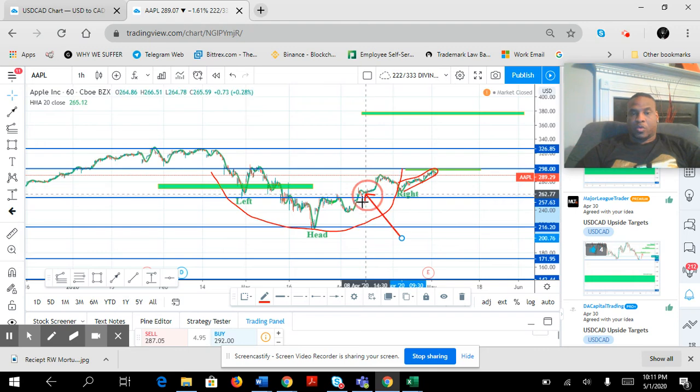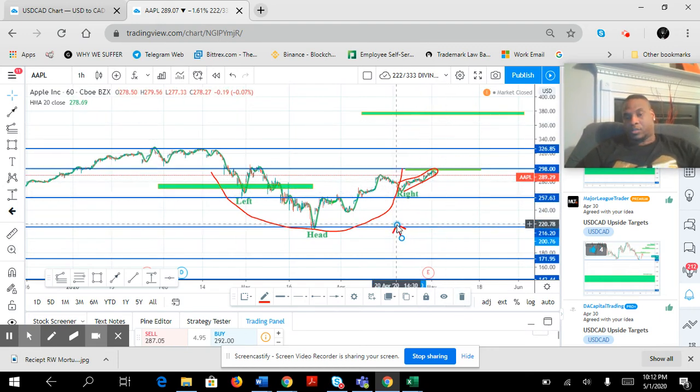Or you could adjust your stop loss to break even. Now you're up real good, so you move your break even into profit. And if it pulls back to the area of profit, you get hit in profit, or you can keep riding it.